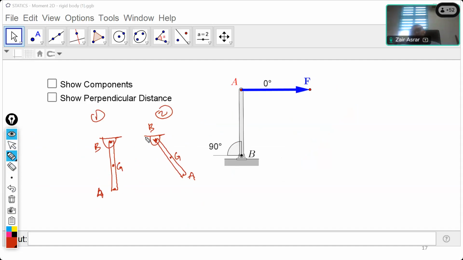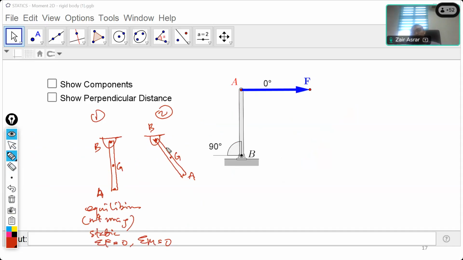So in this case, 1 will be in equilibrium. Basically not moving, or in static condition. Or in other words, summation of force equals to 0. Not only that, it is not rotating. Summation of moment also equals to 0.